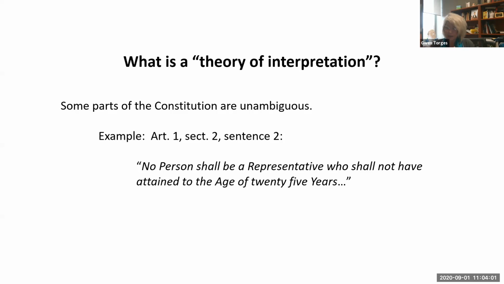That's pretty clear, so we don't need much help understanding that. We can just read those words and a judge would say, well, that guy was 27 when he was elected, so yes, he meets that qualification.